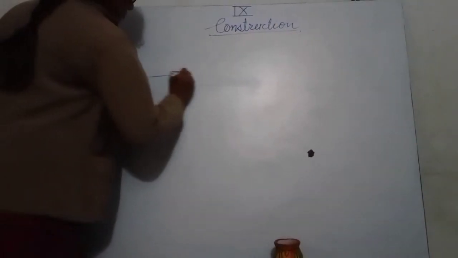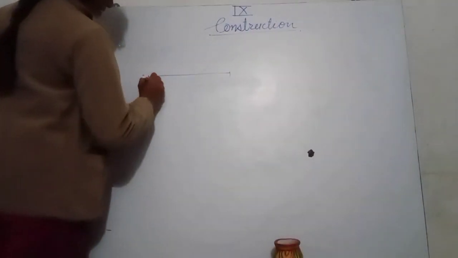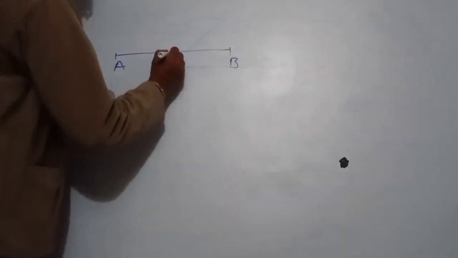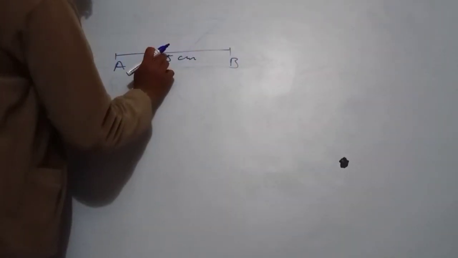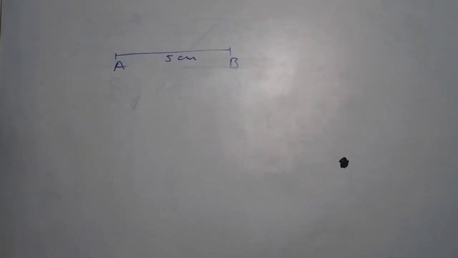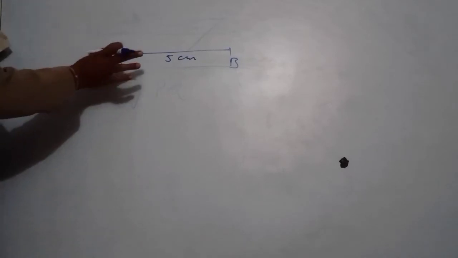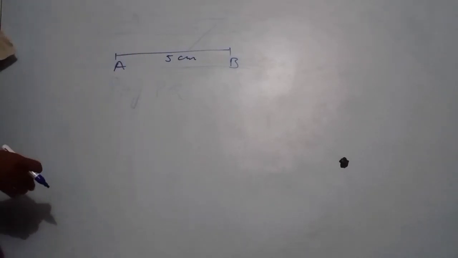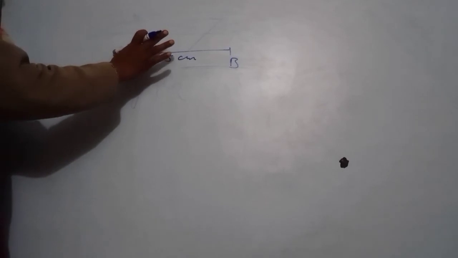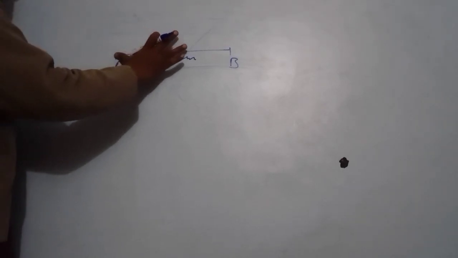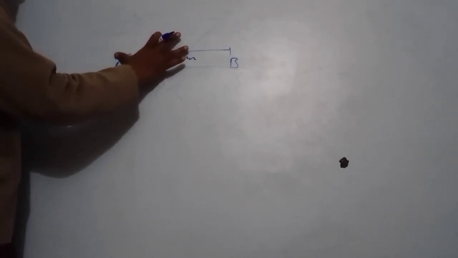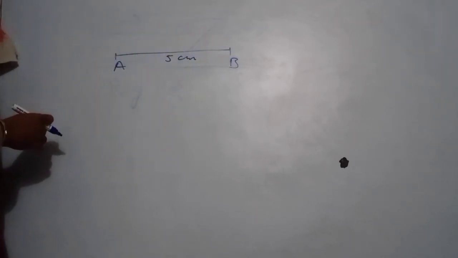Okay. Now how to bisect a line or line segment. Suppose this is the segment AB of 5 centimeter. How to bisect it? Suppose A is the center and take a sufficient distance which is more than half of AB.